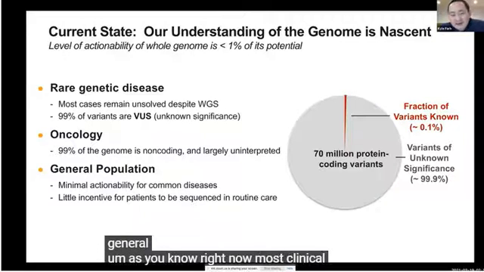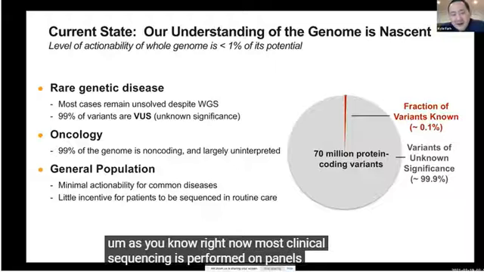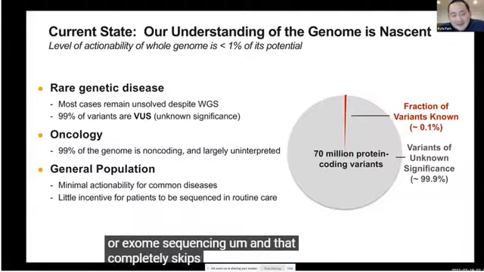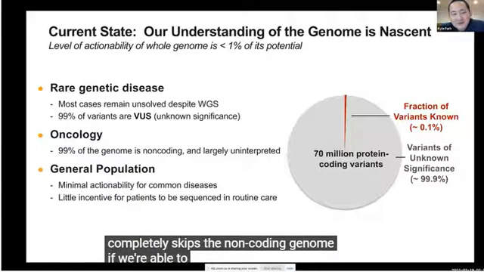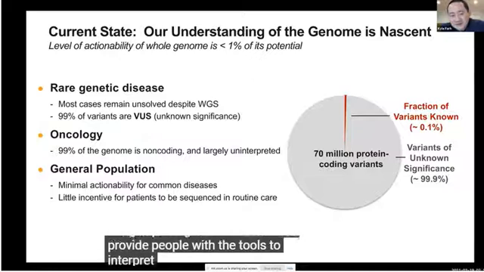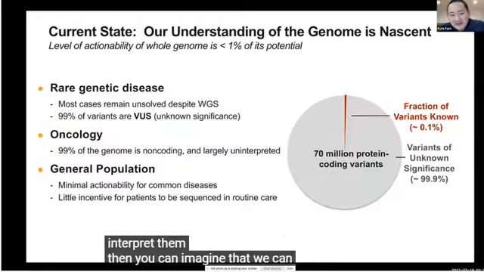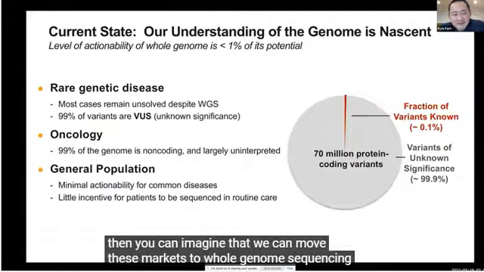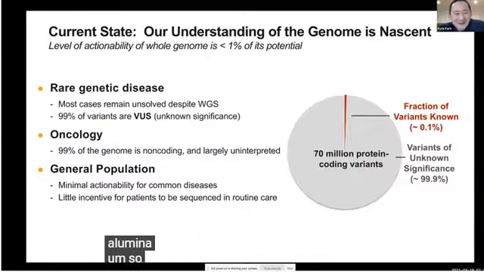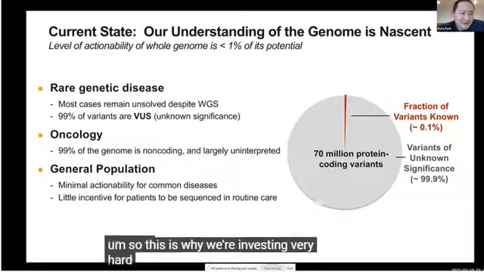As you know, right now, most clinical sequencing is performed on panels or exome sequencing, and that completely skips the non-coding genome. If we're able to bring in pathogenic mutations and provide people with the tools to interpret them, then you can imagine that we can move these markets to whole genome sequencing, which would be a great thing for Illumina. So this is why we're investing very hard in this area.